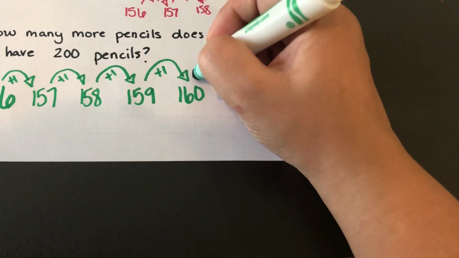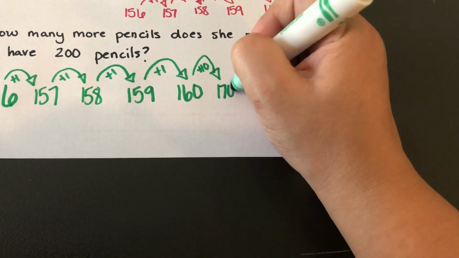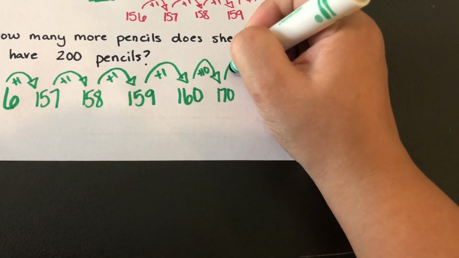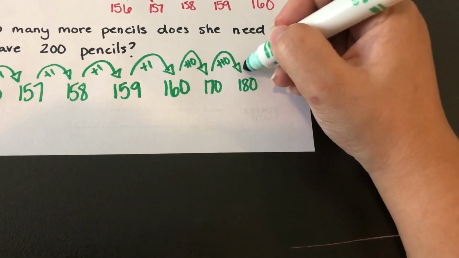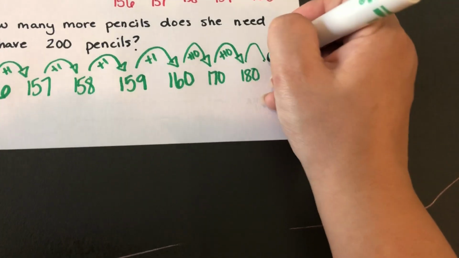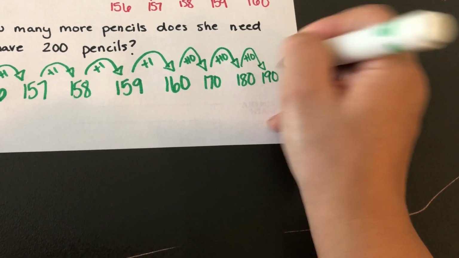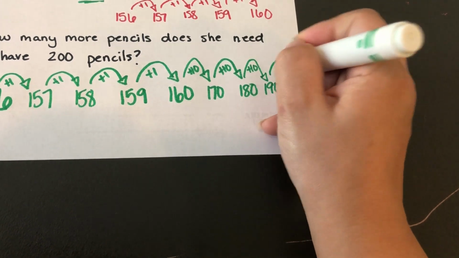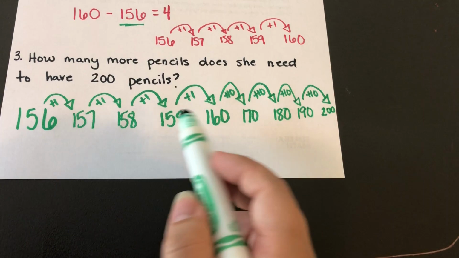So 160, adding a 10 is 170. Add another 10 is 180. Add another 10 is 190. And add one more 10 to get to 200.